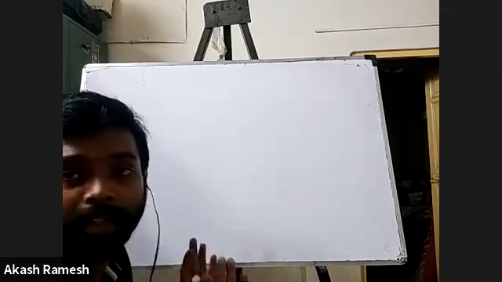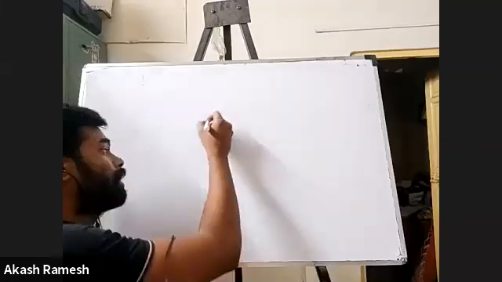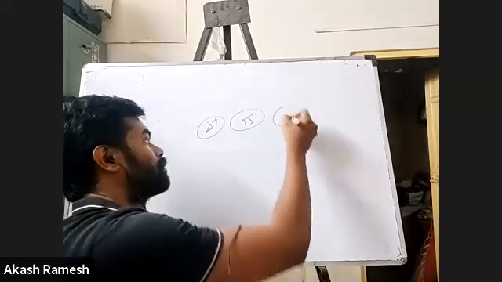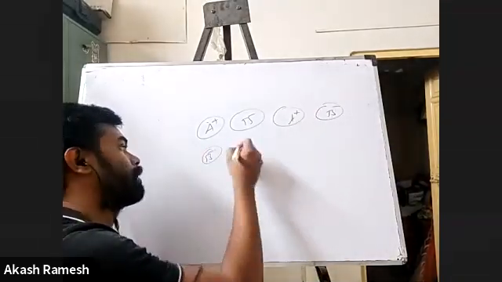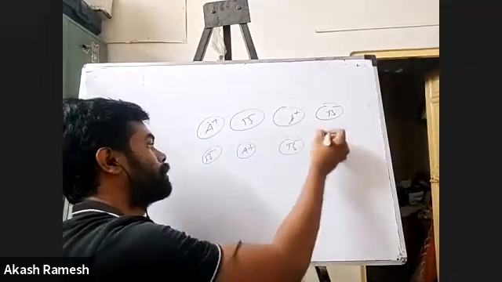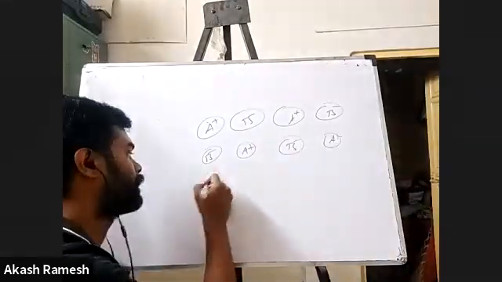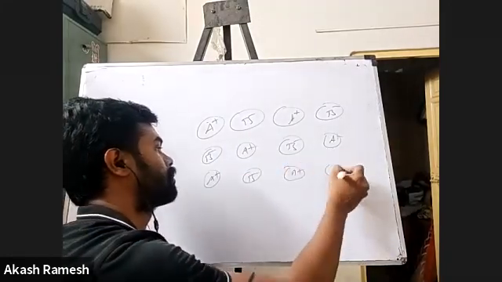Right. So please understand, guys, a perfect lattice should look like this. Say I have A plus, B minus, A plus, B minus, B minus, A plus, B minus, A plus. Again, the same thing here: A plus, B minus, A plus, B minus.